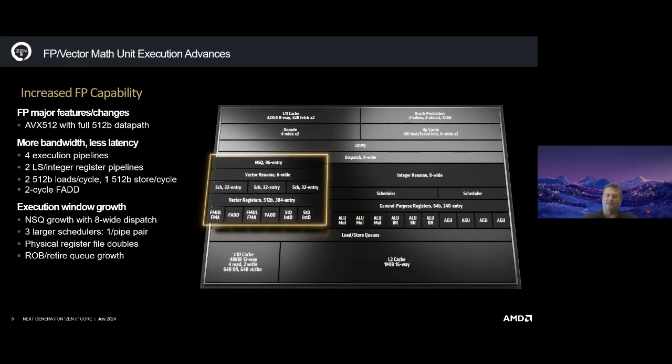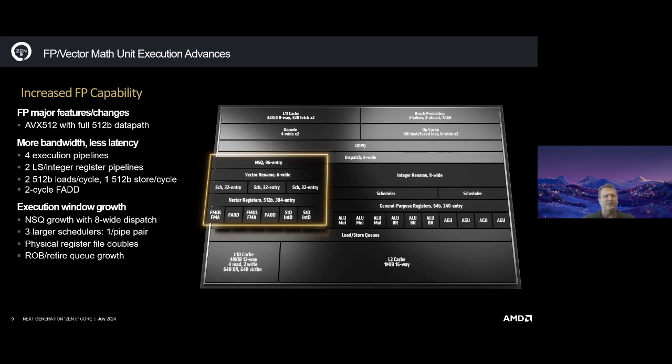All right, on the floating point side, we grew the data path to 512 bits. We have 4 baseline execution pipelines, 2 FMULs, FMAs, 2 FADD pipelines, and then the ability to do 2 stores, all independent.